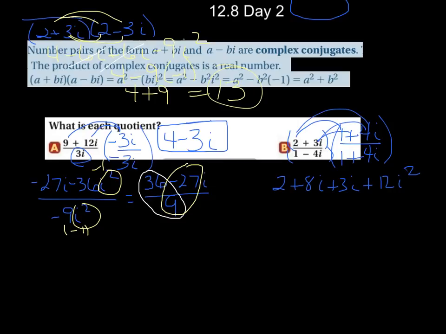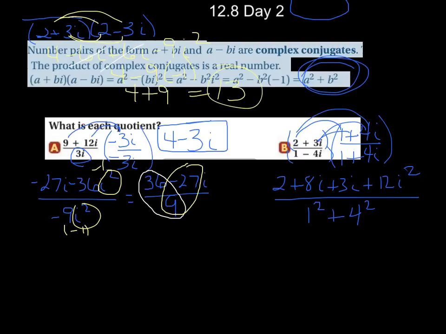In the denominator, notice in the pattern up here at the top, when I multiply conjugates, I end up with a squared plus b squared, which is 1 squared plus 4 squared. That's my a and my b.